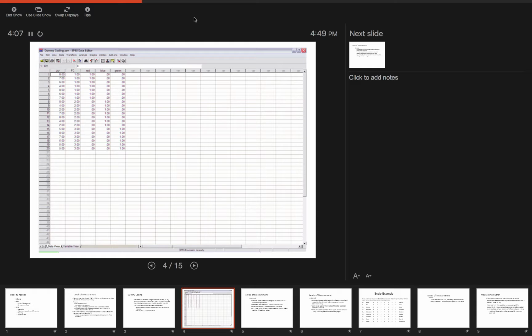And we can see that if we have any 2 of these 3, we know what the third one is, right? If it's not red, and it's not blue, then everything else is green. And with red and green, if it's 0 on both of those, then it has to be blue.